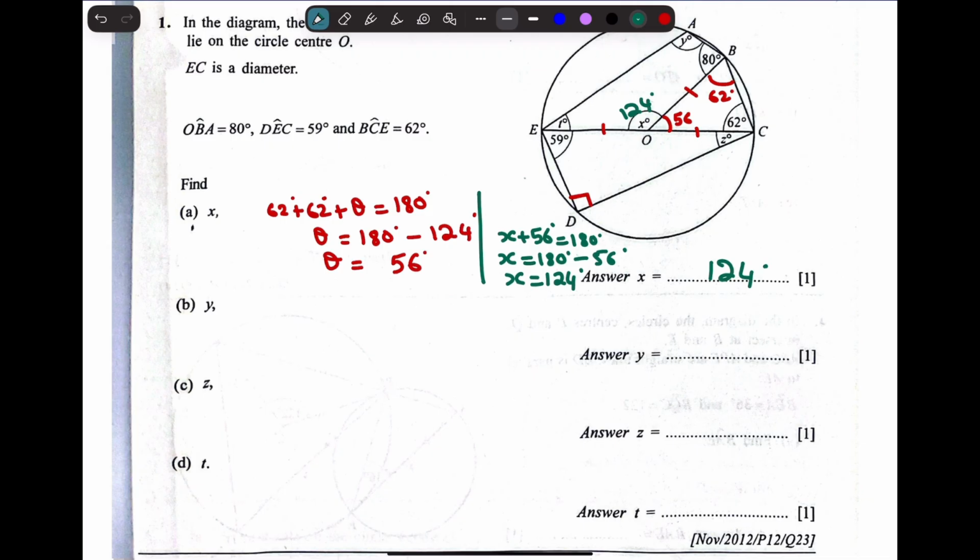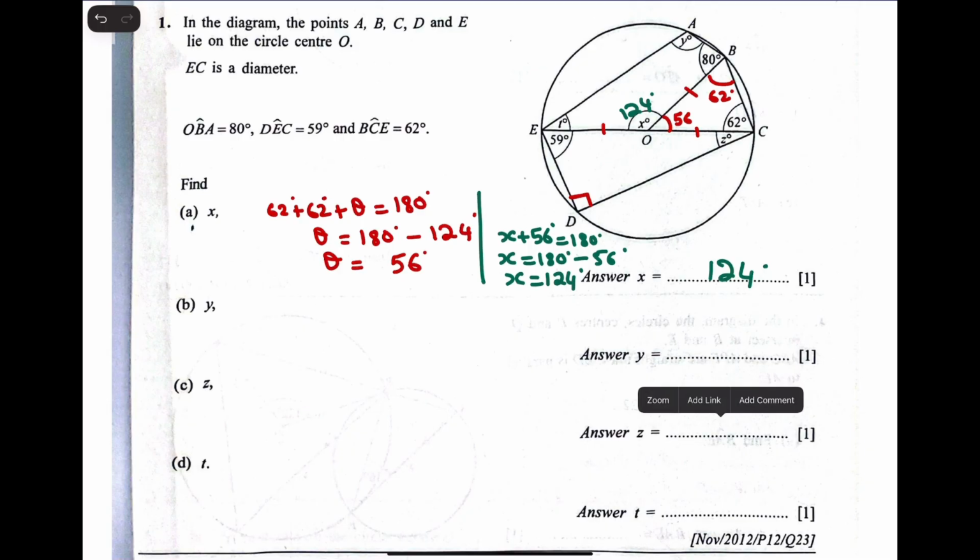All right. Now we need to find y. Please notice that A, B, C, and E qualifies as a cyclic quadrilateral. Why? Because all four points of the quadrilateral lie on the circumference of the circle.